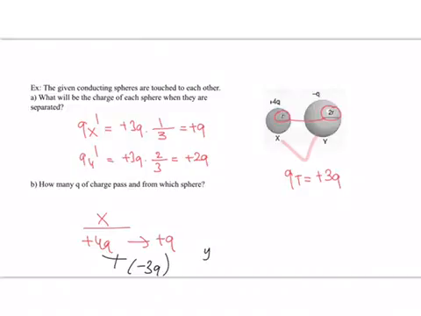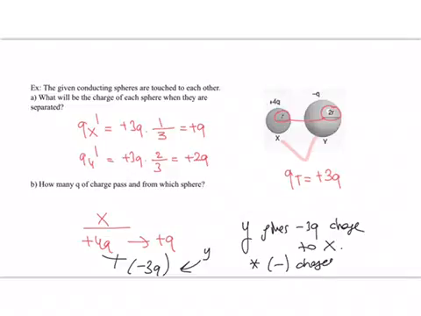The sphere Y. So I could say Y gives minus 3Q charge to X. Here don't forget that negative charges move, but positive charges do not move. This is very important.